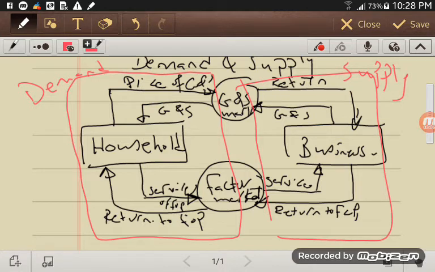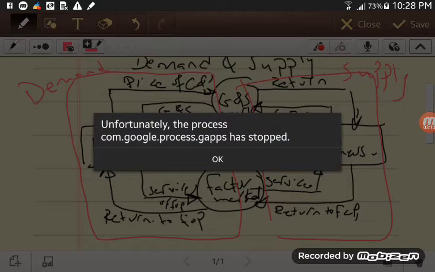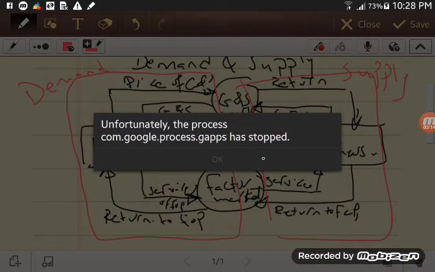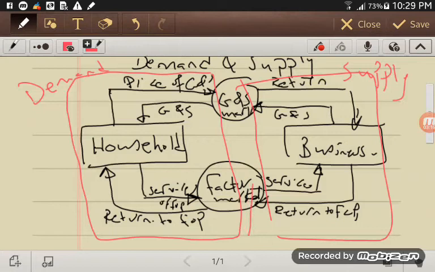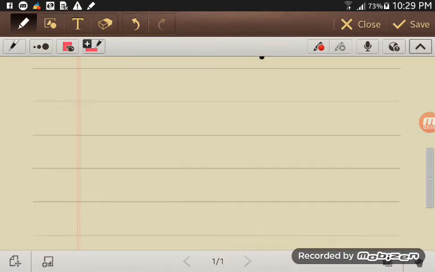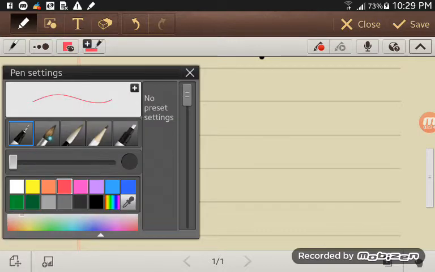So the circular flow model shows interaction between demand and supply of a product. What's meant by demand? So the first part here is demand. What's meant by demand?